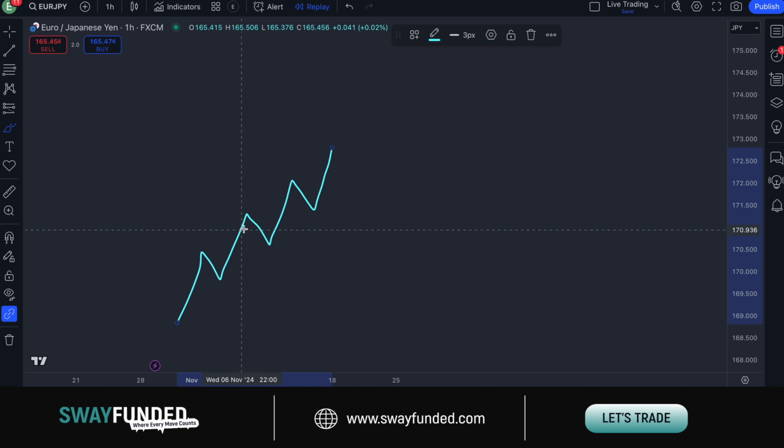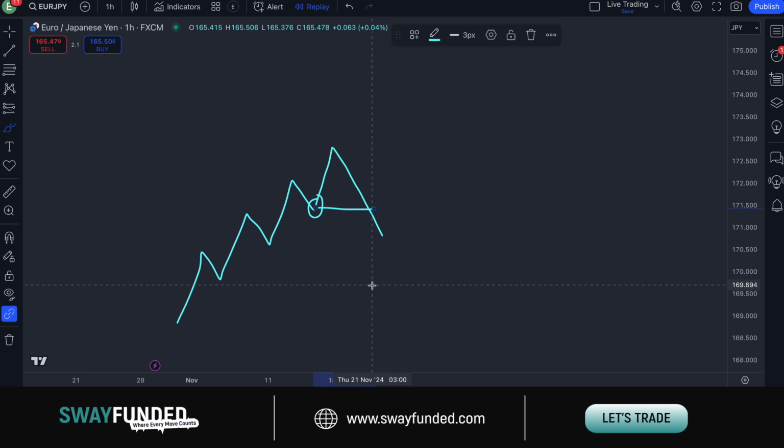Now, as we mentioned, an uptrend is where there are higher highs and higher lows. Now, if price decides to break the most recent higher low, this means that the uptrend has now stopped.